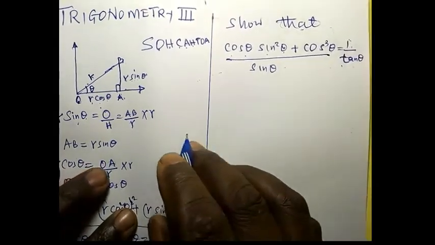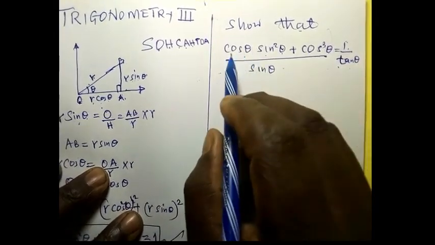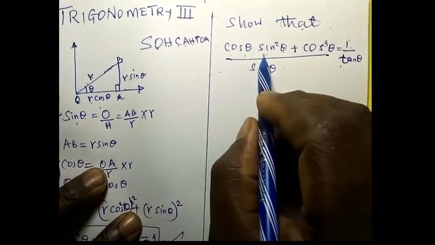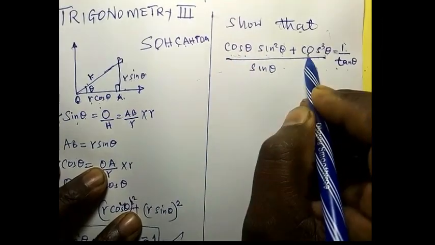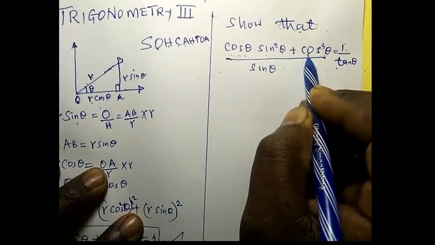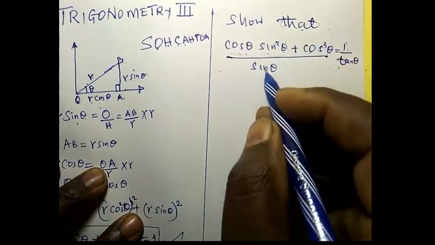So we begin. Let us start with the numerator. You can see we have cos here. This is one term, the first term, and this is the second term. But cos is common, so let us put the factors together from the numerator.